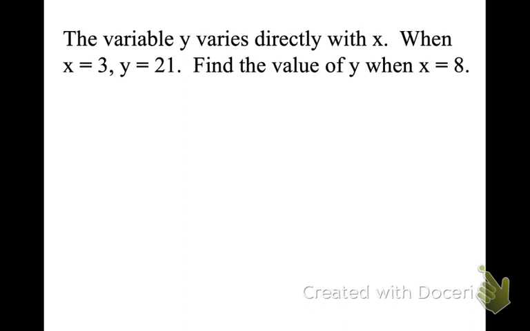All right, so here's how we write our equation. We're going to use this exact writing. It never changes. So when it says y varies directly, we're going to be writing y varies directly with x. Whenever you see this, y varies directly with x. And then they're going to ask you to substitute in.